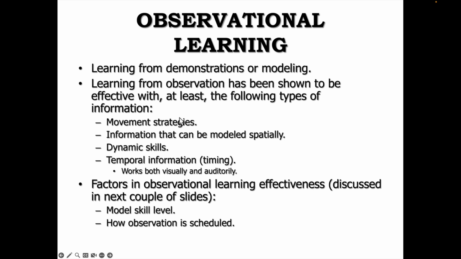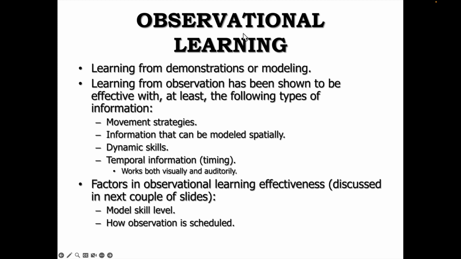Another way we can learn is through observational learning. Observational learning is learning from observing demonstrations or watching particular modeling occur from other people. Learning from observation has been shown to be effective with the following types of information. Observational learning is effective when you're looking at different movement strategies to perform better in a particular skill.